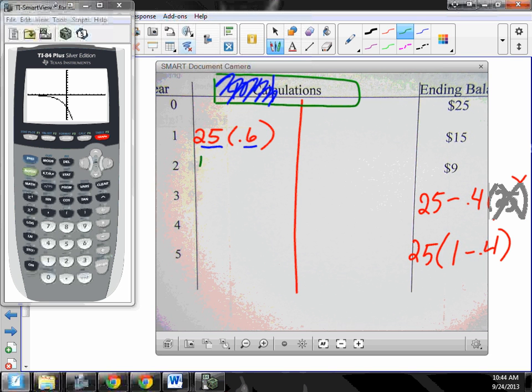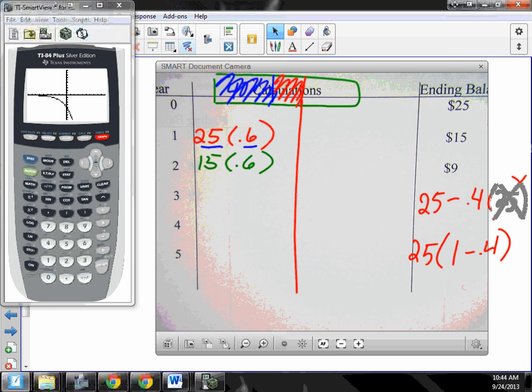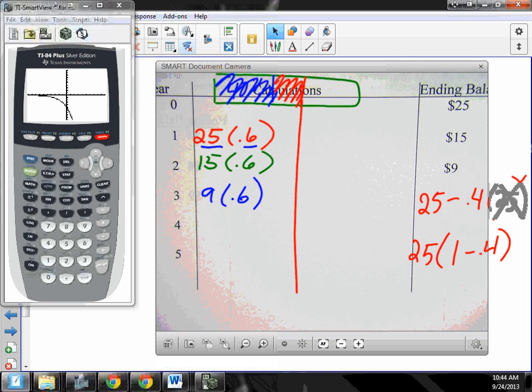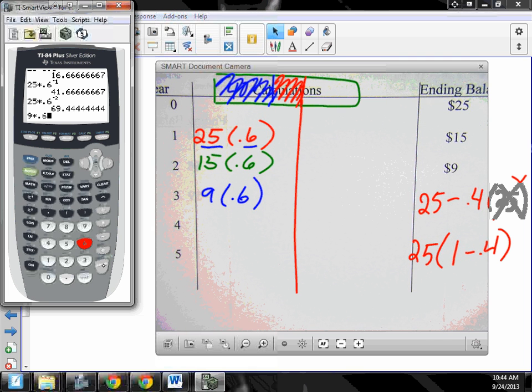is going to be $15 times 0.6. So up here, I draw another line, and this goes away. The year after that will be 9 times 0.6. So in my calculator, 9 times 0.6, and I get 5.4.